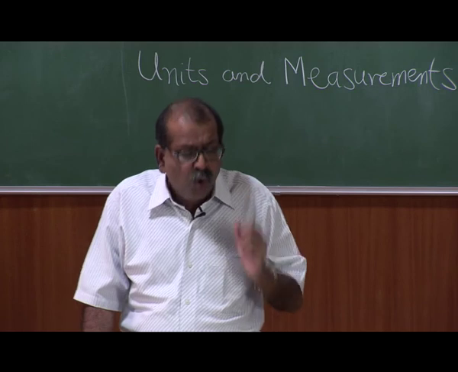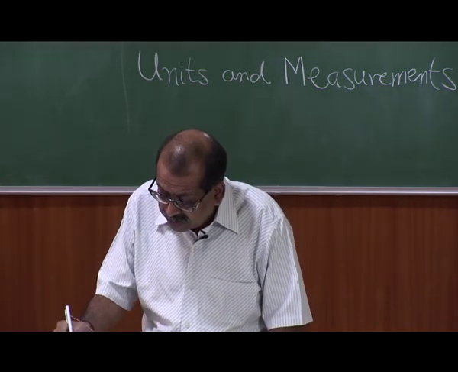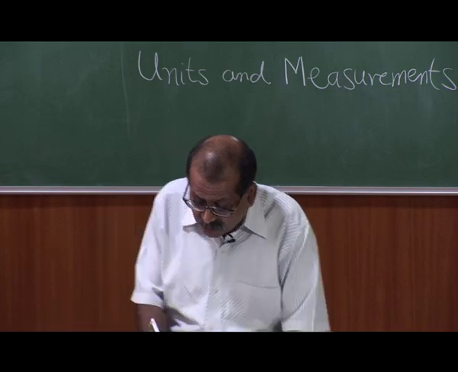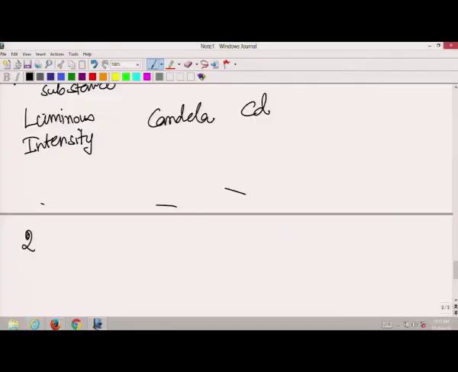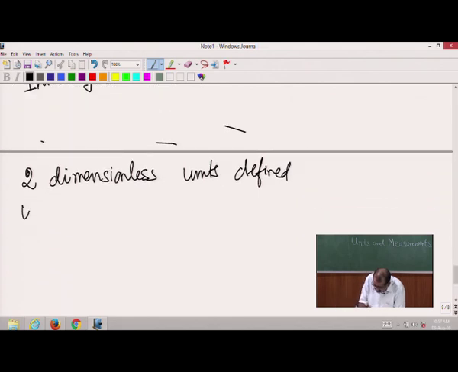Now, there are two more units which we define, which do not have any dimensions. So, there are two dimensionless units which are defined, and these are units for some angles.